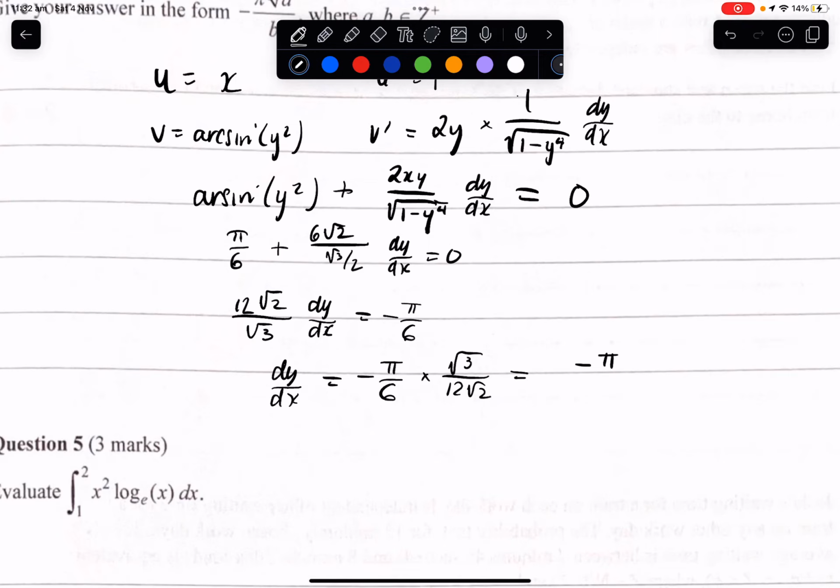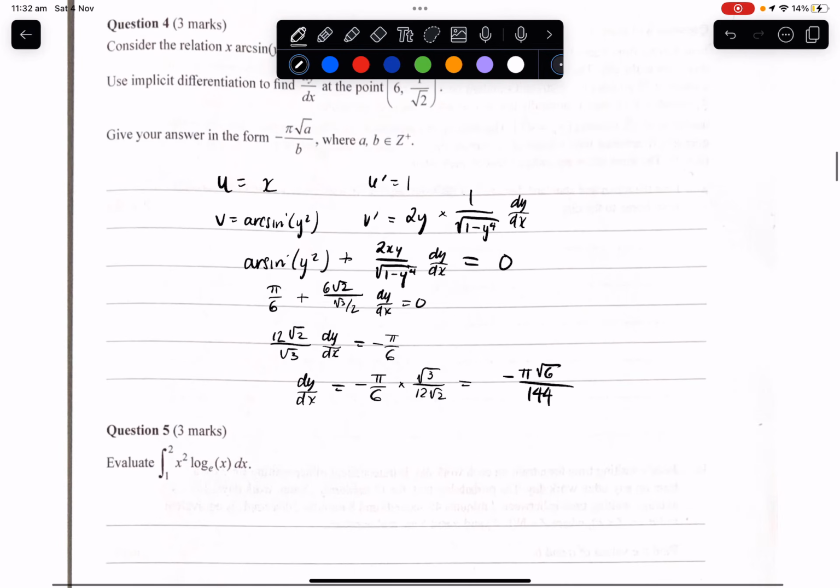Just rationalize the denominator, you get negative pi root 6 on 72 times 2, which is 144. There is that. That's in the form. A is real and positive, integer positive, and B is positive integer as well.